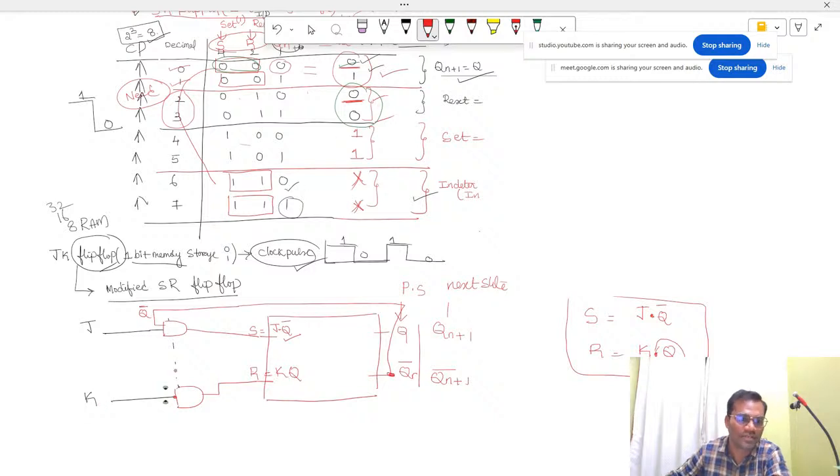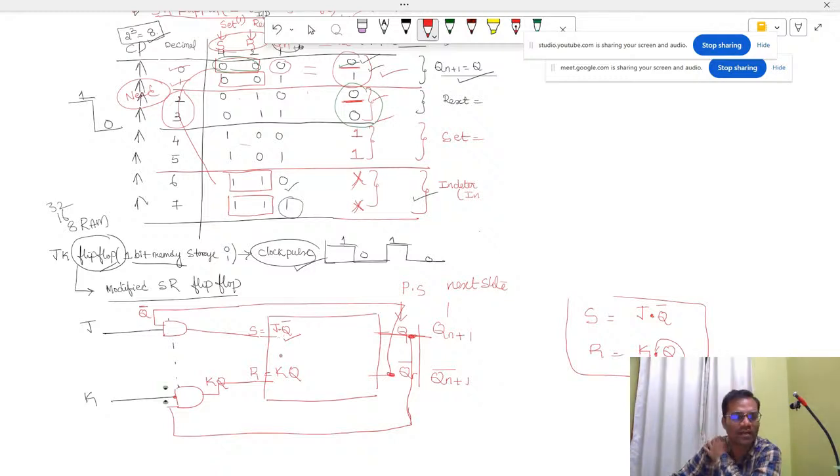So we take one more input, bring it like this, and connect it to this Q value. The output of this is K into Q.